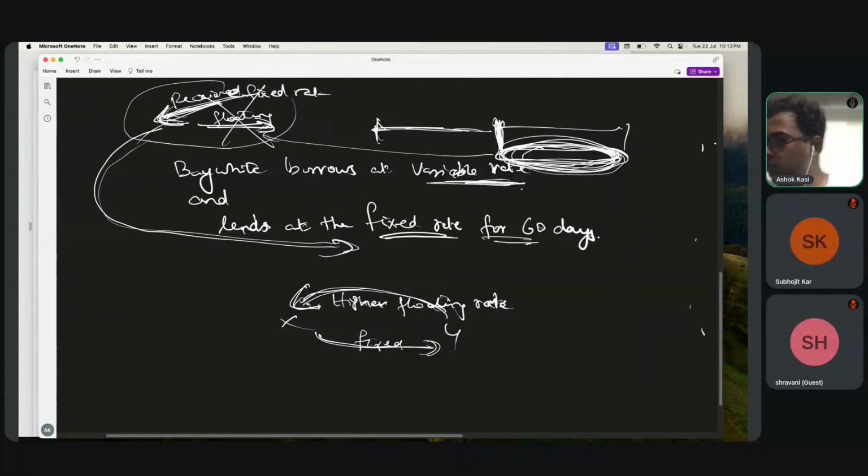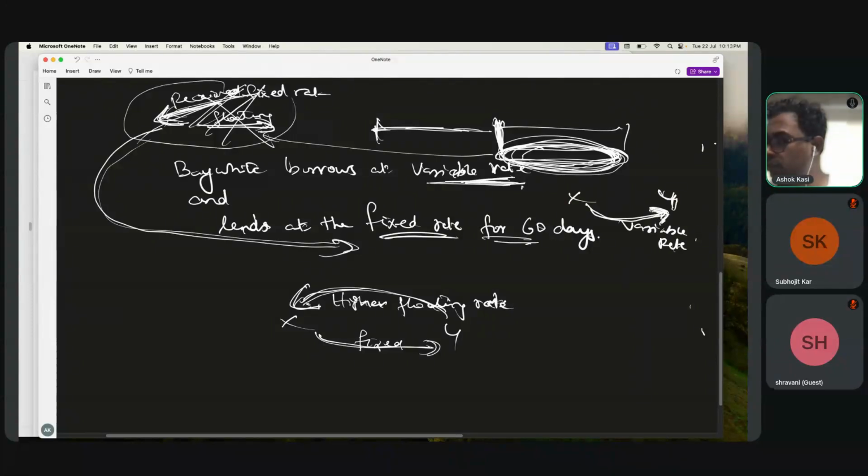Okay, see, here how it works is you are borrowing at the variable rate, which means you are supposed to pay variable rate. Now when you are paying variable rate because you are taking a loan, you want to have an agreement where you will hedge.